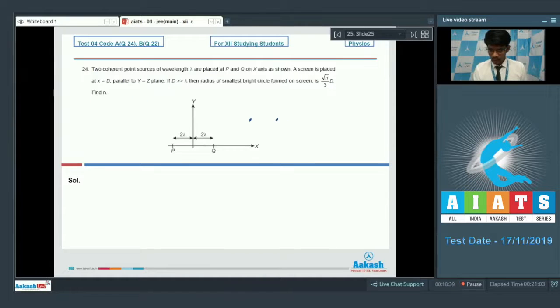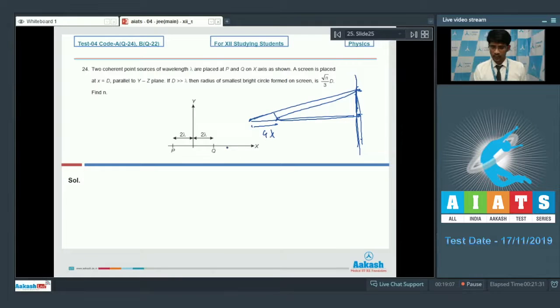This being the two coherent sources, here we are having the screen. The distance between these 2 points is 4 lambda. I would say at this point we shall have the maxima of 4th order. Along this direction the path difference would decrease, and by the time the path difference becomes 3 lambda, again we shall have the maximum value.